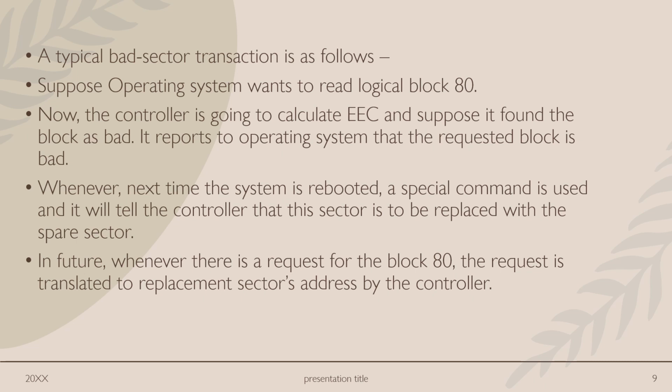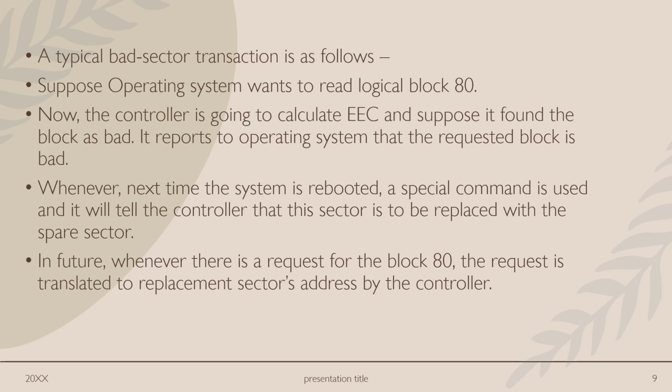Whenever a bad block is remapped, the controller will use a spare sector from the same cylinder if possible. Otherwise, the spare cylinder is used. Sometimes controllers use spare sectors to replace bad blocks. There is also another technique to replace bad blocks, which is sector slipping.